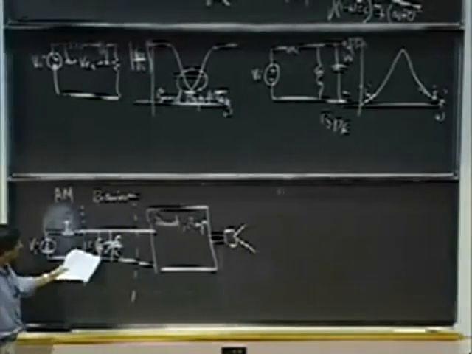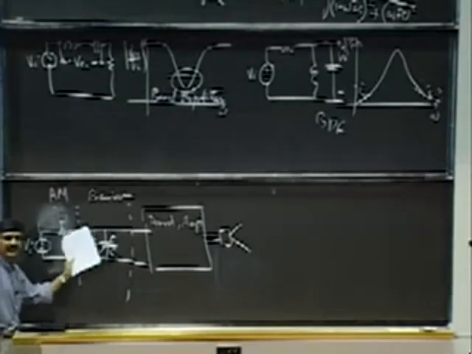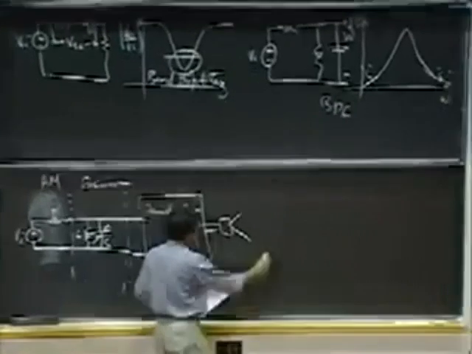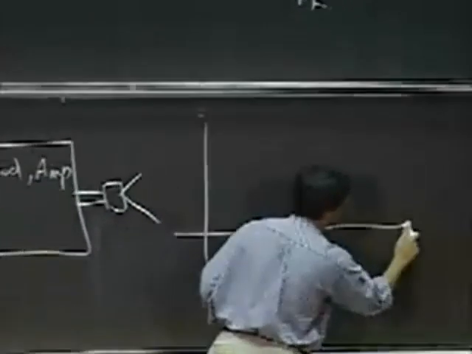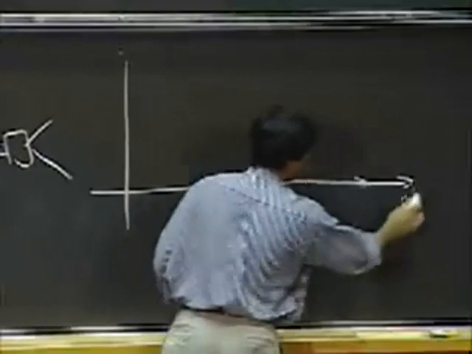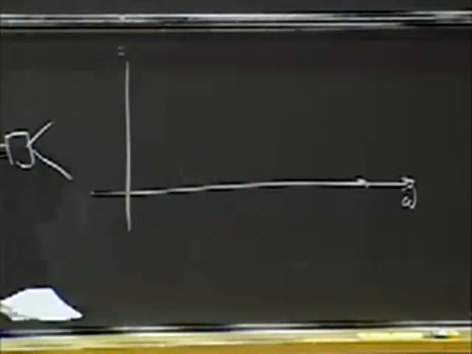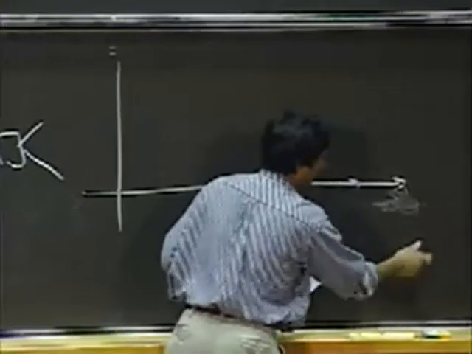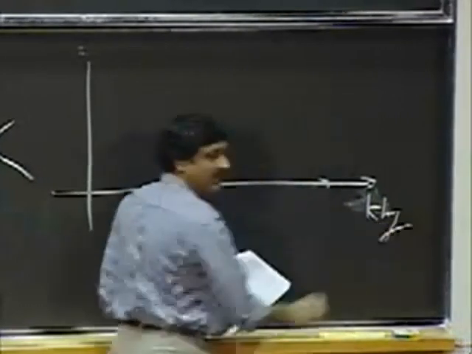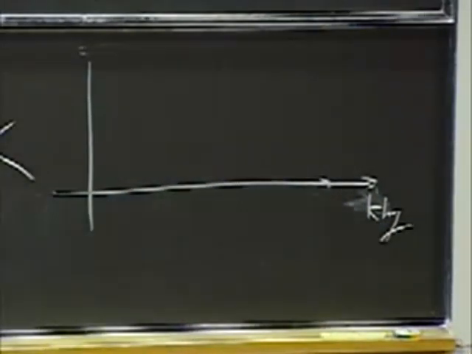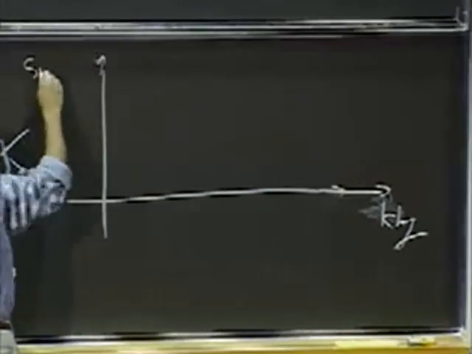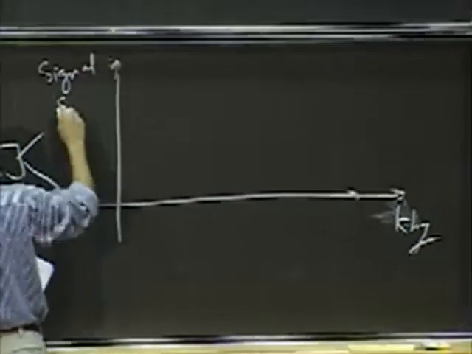And so let me tell you why I need a bandpass filter in a radio out here. So the way life works is as follows. So I have my frequency. Let me do this not in radians, but in kilohertz for now. And let me plot your radio signal strength.